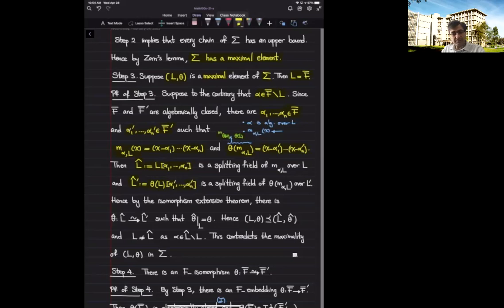And notice that these are the fields generated by the base fields L, respectively theta of L, and zeros of the minimal polynomials of alpha and of theta of alpha over L, respectively theta of L. So these are splitting fields of these polynomials over L and theta of L, not L prime, but rather theta of L.